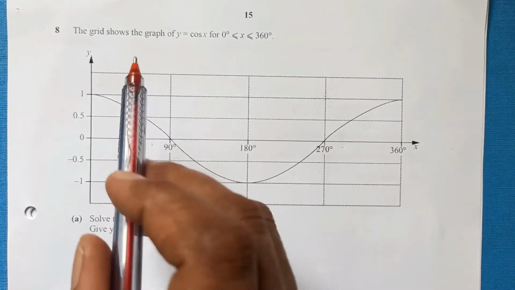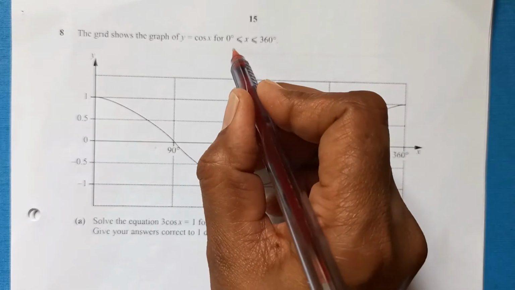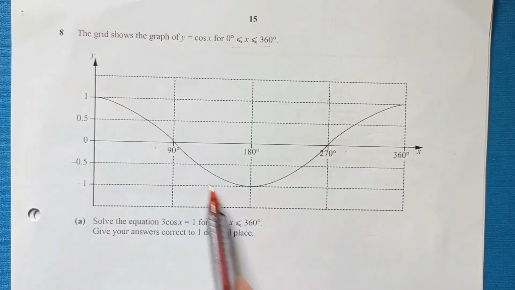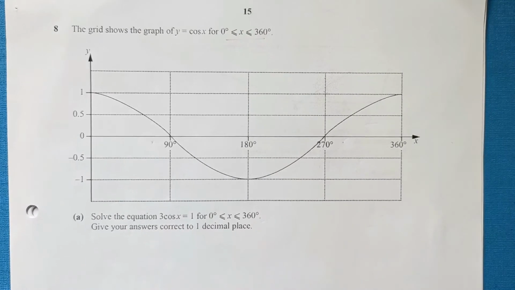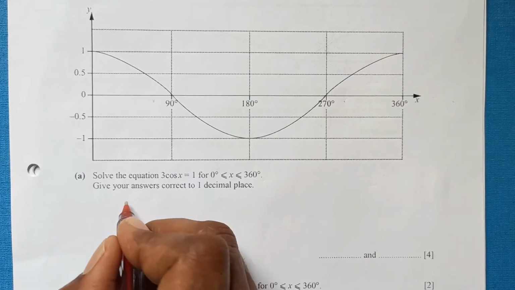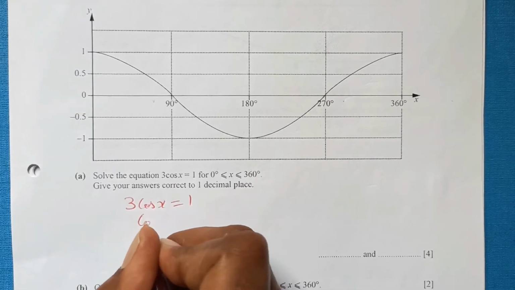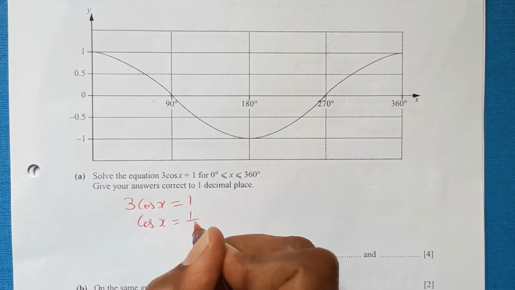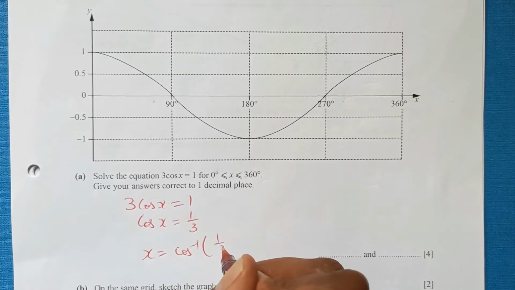Question 8. The grid shows the graph of y equals cos x, and we have the values here. This is the graph given to us. Solve the equation 3 cos x equals 1. So cos x will be 1 over 3 and x will be cos inverse of 1 over 3.